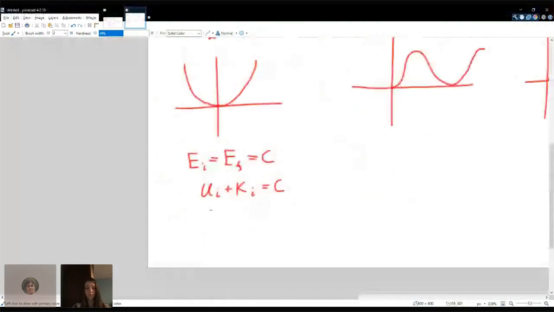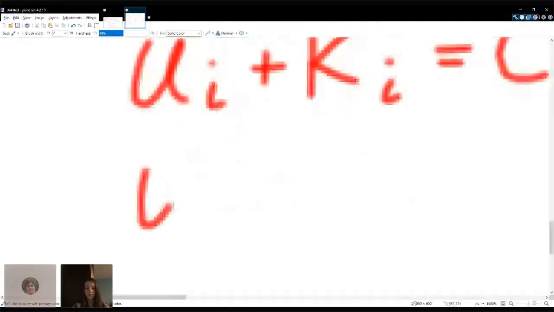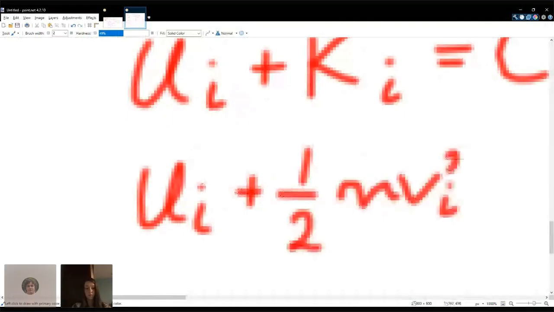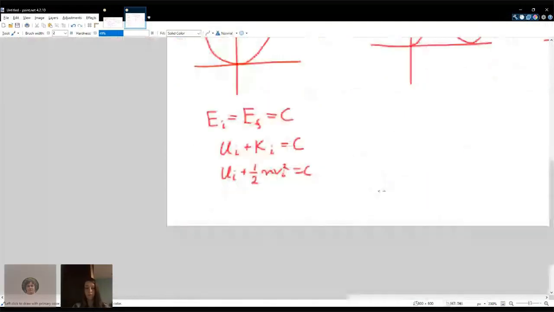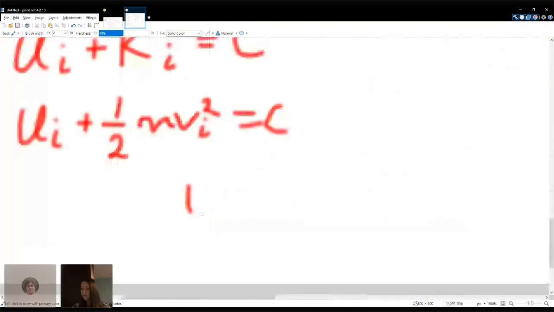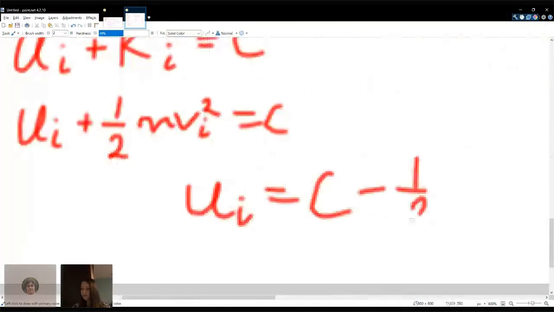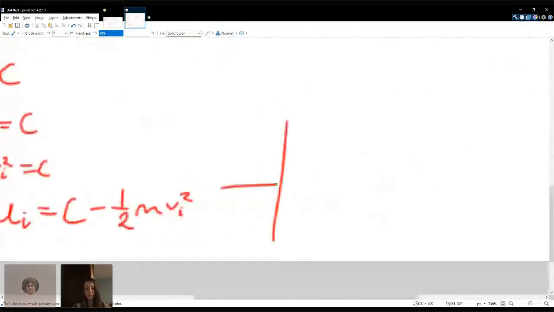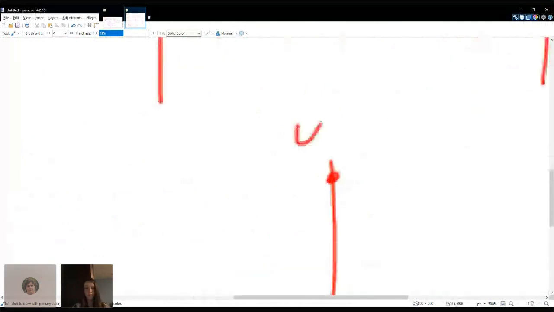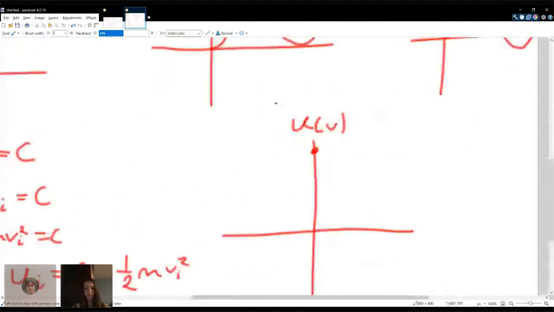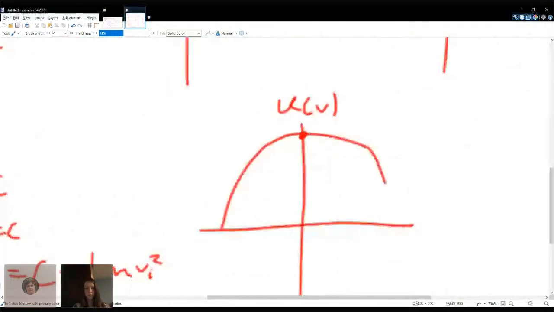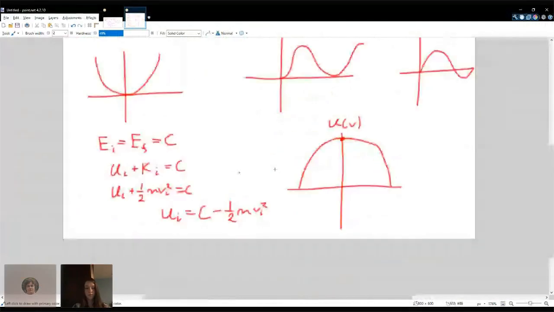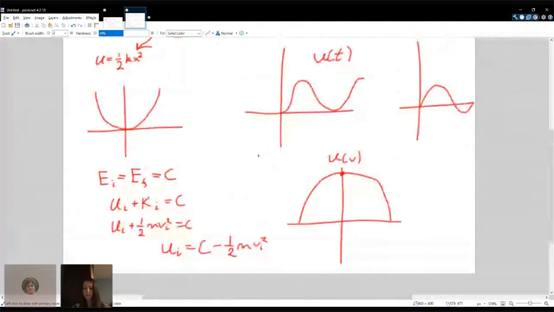If we want to graph potential energy versus velocity, we'd have ui plus 1/2 m vi squared equal to some constant. So ui is equal to some constant minus 1/2 m vi squared. This graph starts at a positive constant up here. So this is u as a function of v, and it's a downwards facing parabola. What we noted before is that the potential energy of the spring can never be negative, so it's not going to dip below the axis.